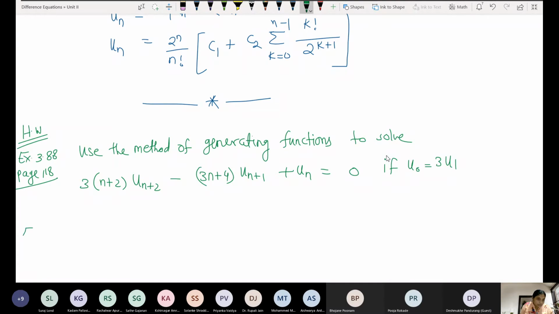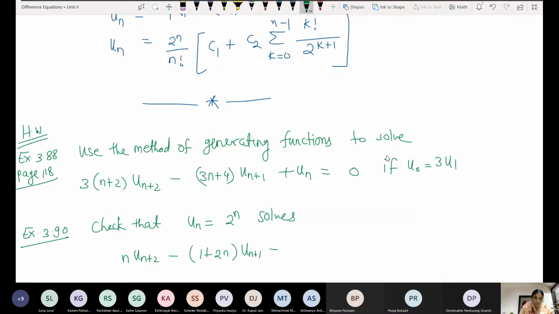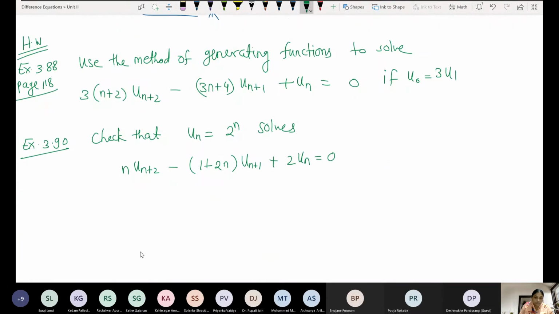And another exercise also, 3.90. Check that un is equal to 2 raised to n solves n times un plus 2 minus 1 plus 2n un plus 1 plus 2 times un is equal to 0. So what you have to do here? You have to check that un is equal to 2 raised to n is a solution. Means just substitute un is equal to 2 raised to n and check whether LHS is equal to RHS or not.